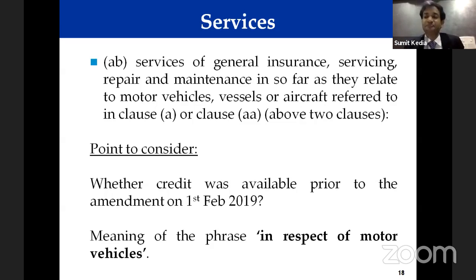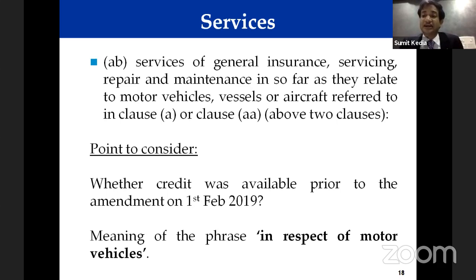So in a nutshell, if I take insurance or do repairs of my motor vehicle with up to 13 seats, on which generally I cannot claim ITC, credit on insurance and repair also will not be eligible. However, if I take insurance or do repairs for vehicles with more than 13 seats, ITC will be eligible. Or, for example, I am manufacturing carton boxes, laptops, electronic goods, and I purchase a truck for transportation of my goods.